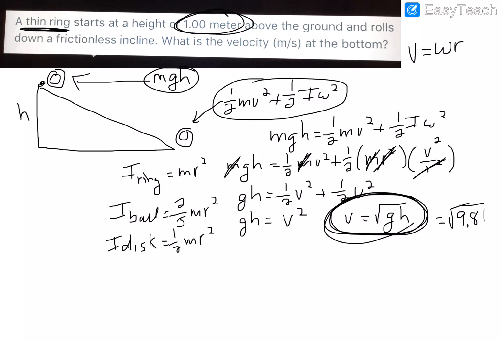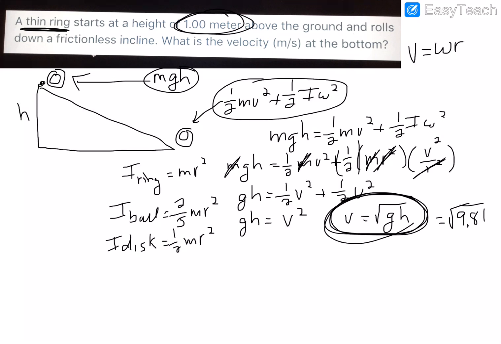Okay, so if you just look at this, we'll be able to do this really quick. This is 1/2 mv squared, which is right there, and then 1/2 I omega squared. So this 1/2 stays there, and then in this part here we'd have different things. We'd have an mr squared each time, but there might be a different fraction out here in front.